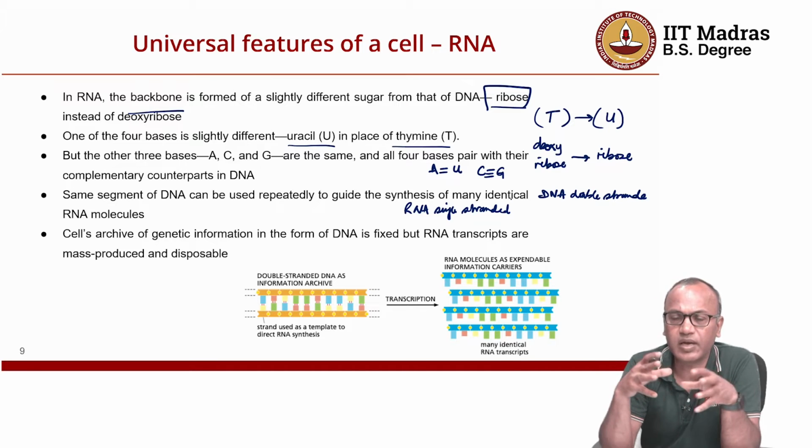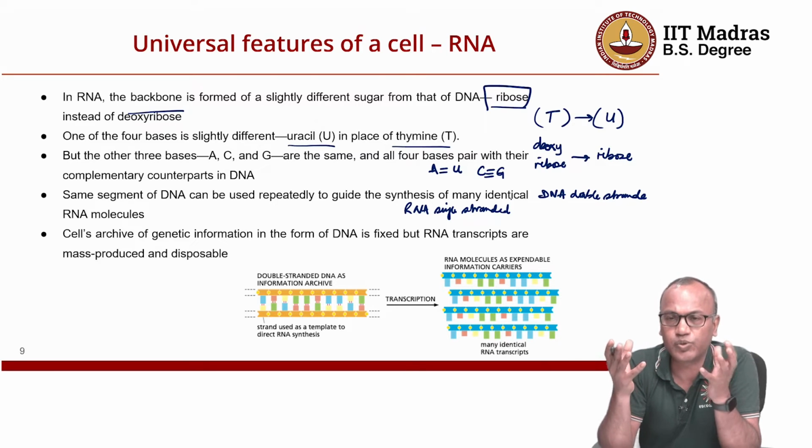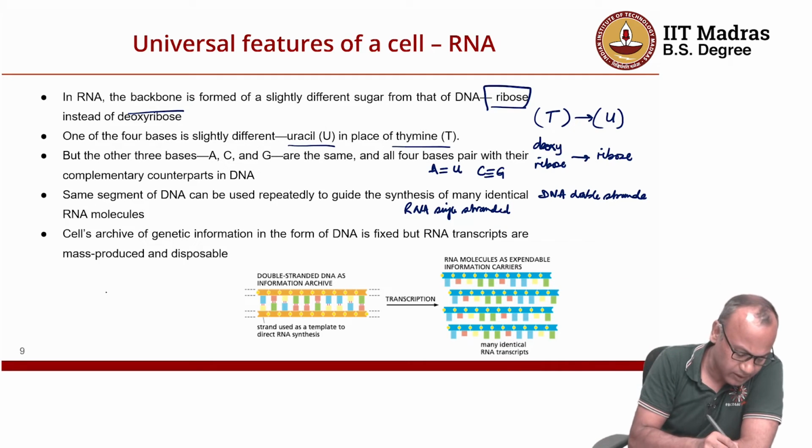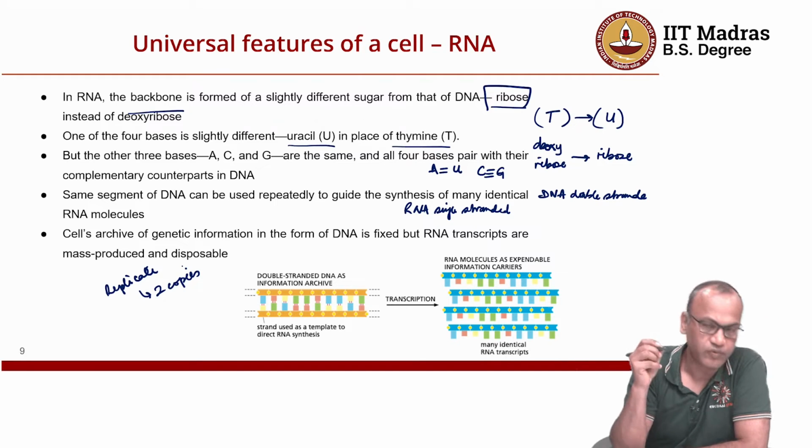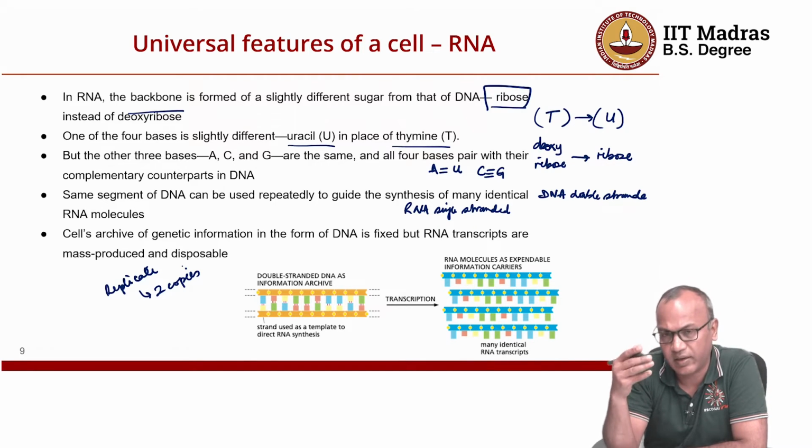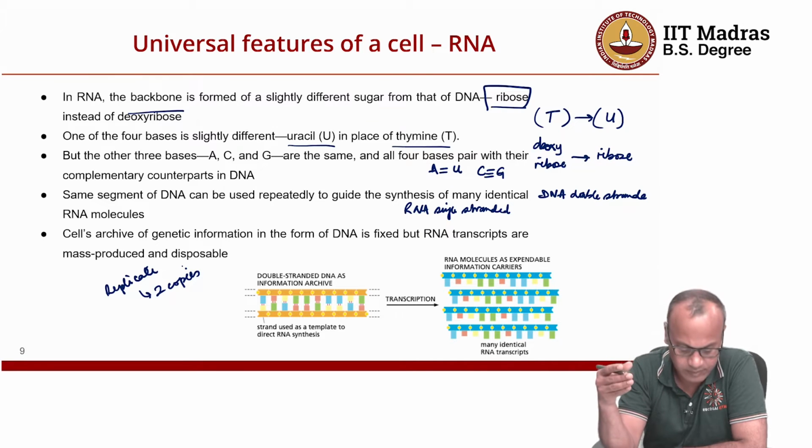By producing RNA, you can do several things which will not be possible when you are replicating the DNA. When you replicate DNA, you produce 2 copies of DNA, which means the rate at which DNA can be replicated is slow, and it's only multiples of 2. 2 will make 4, 4 will make 8, like that, right?